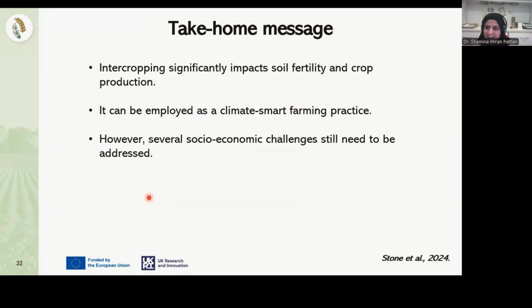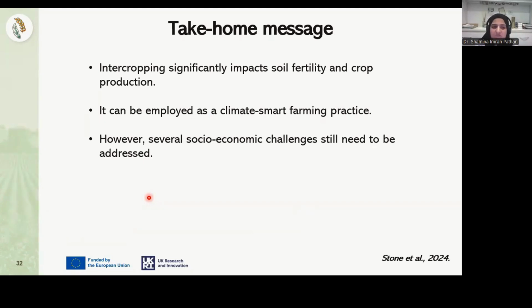It is not the final answer. And it can be employed as a climate smart farming practice, because we know that due to climate change, the temperature will increase, also in the northern part of Europe. Because it's giving a positive correlation with climate, it can be used in the future as climate smart farming.